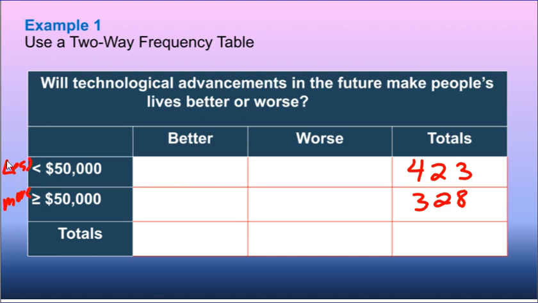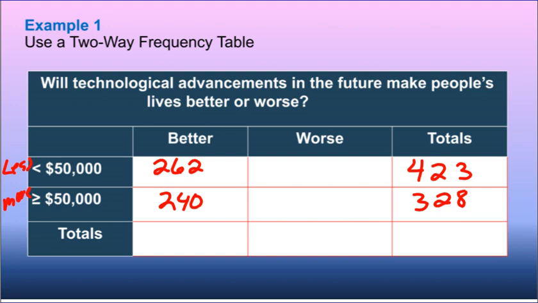The next part says, of those earning less than 50,000, 262 people thought that their lives would get better. So 262 would go here. And then it said that 240 of those who earned 50,000 or more thought the same. So 240 thought their lives would get better as well. Now we can fill in the rest of the boxes here.